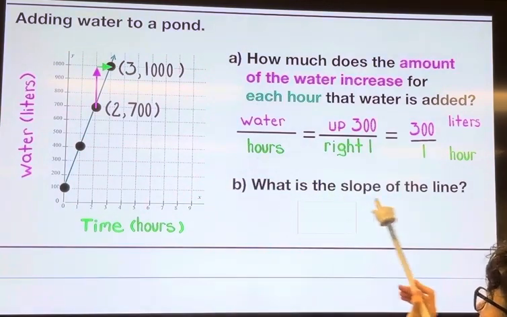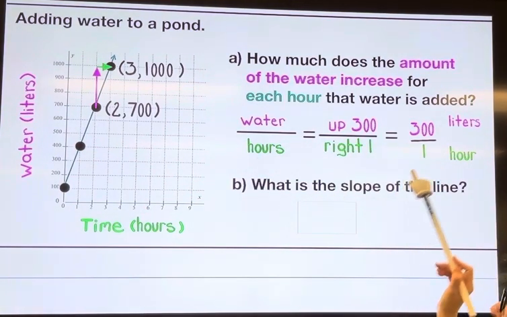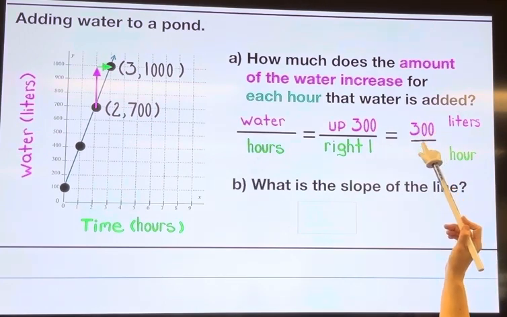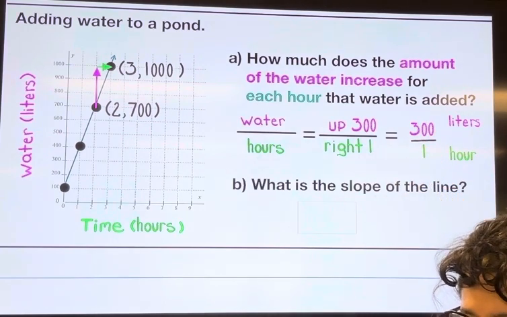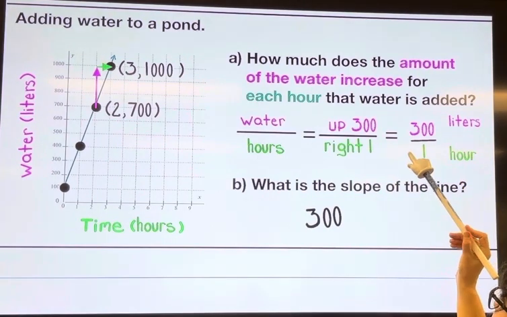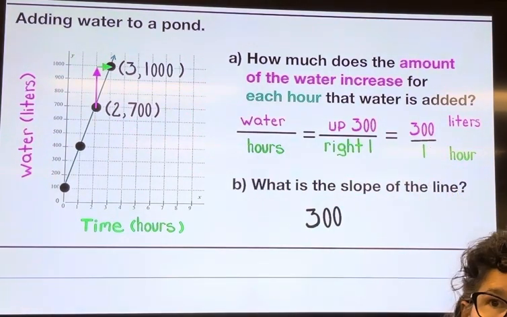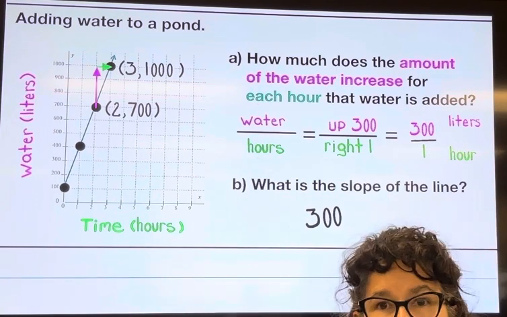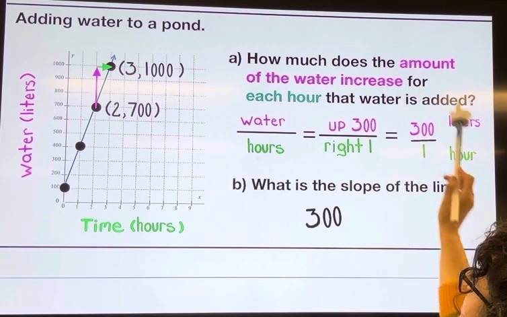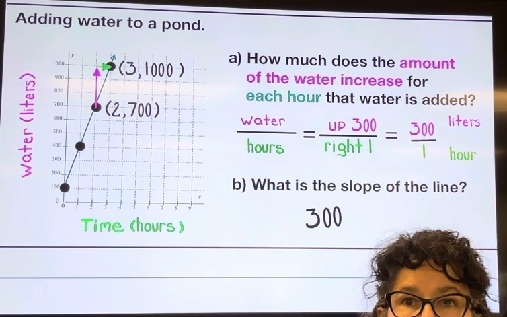When you finally indicate the slope, however, go ahead and simplify what's sitting here. And 300 divided by 1 is 300. If this maybe was 2 over 4, I'd need to go ahead and divide 2 by 4 and get 0.5, because this is a unit rate here, how much per 1.